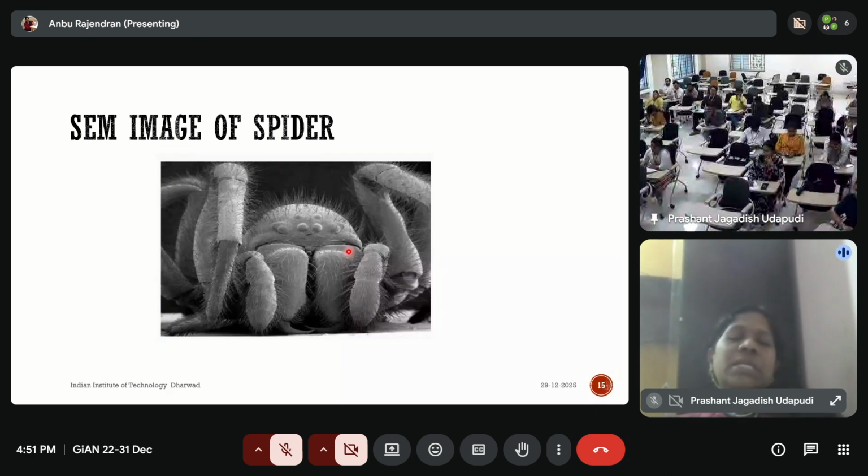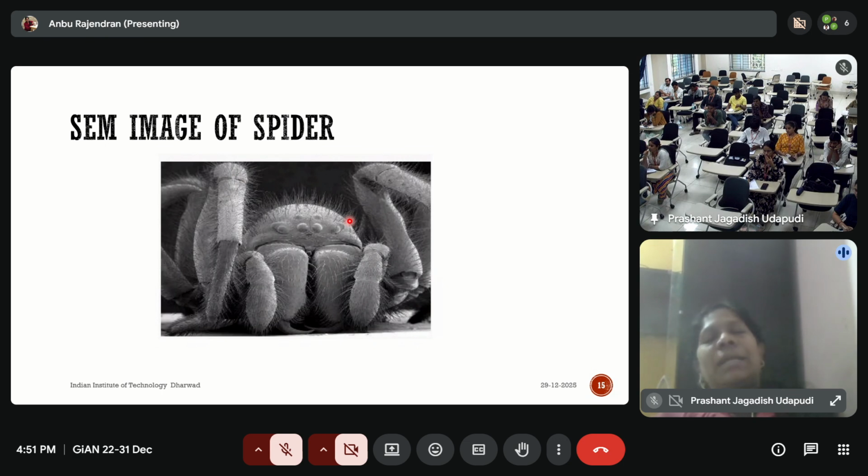Any contamination will contaminate the gun or create particles which disturb the electron flow. You know that SEM works on the principle of electrons: a source of electrons falls on the sample surface, and whatever diffracted or scattered electron beams come out are collected and converted into images. So whatever will disturb that electron path should be avoided.